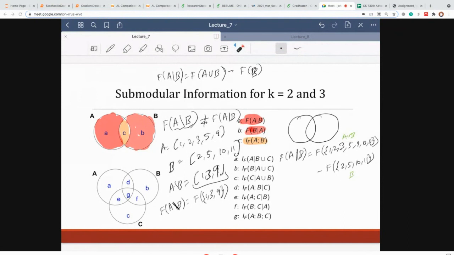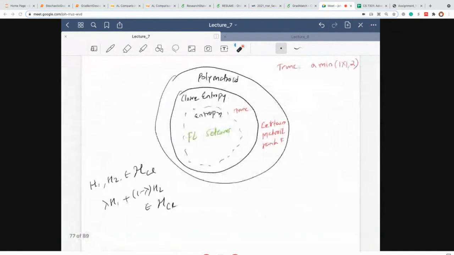The one with polymatroid and entropic closure. Oh, I see. So are you talking about this one? Okay.